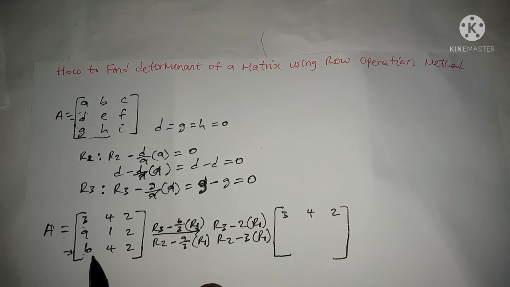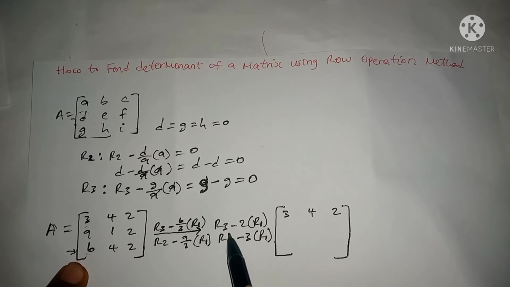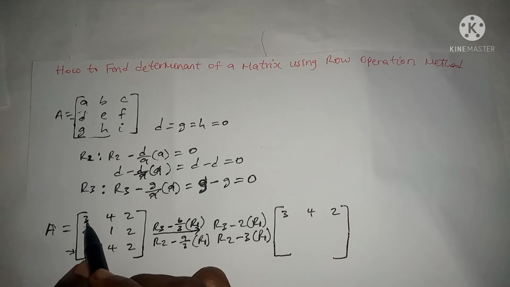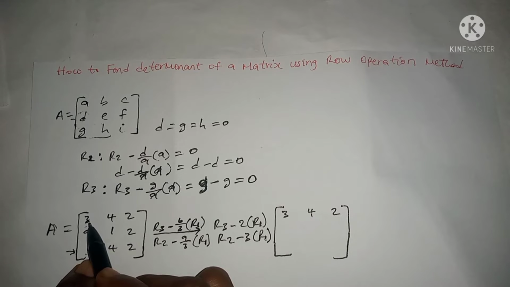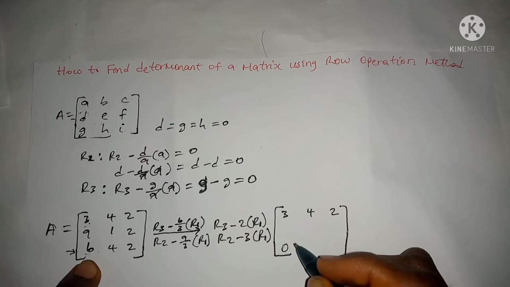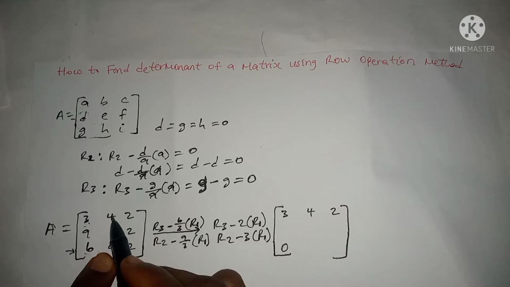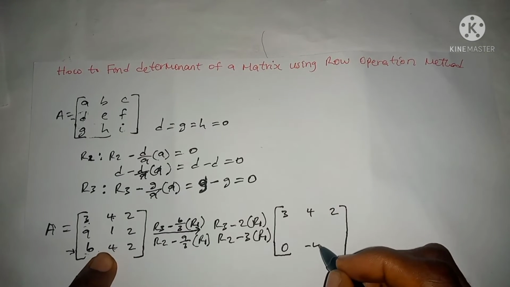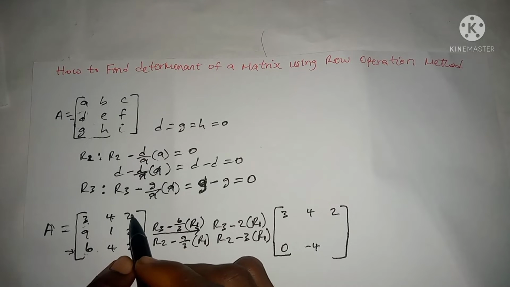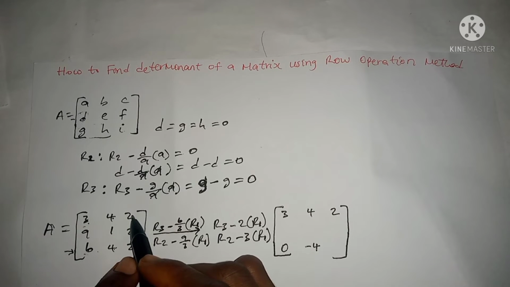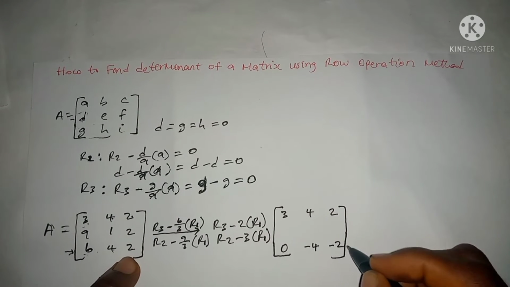Now let's start with row 3. 6, this is row 3 now. 6 minus 2 times 3 is the same as 6 minus 6, which will give us 0. 4 minus 2 times 4, which is 4 minus 8, is going to give us minus 4. Now 2 minus 2 times 2, which is 2 minus 4, is going to give us minus 2.